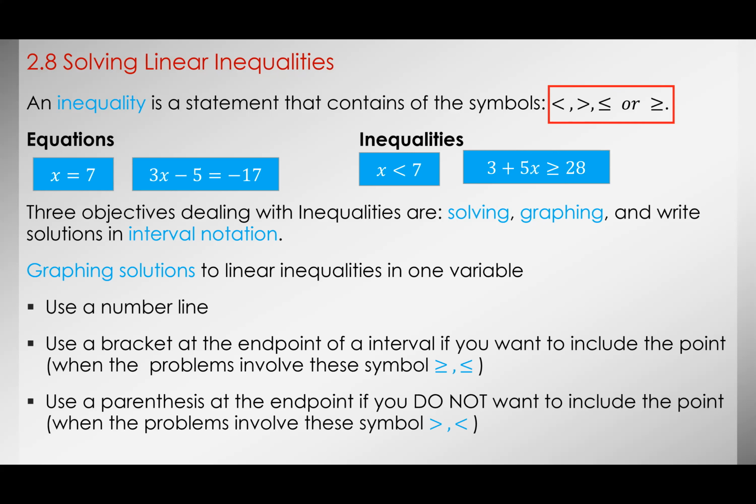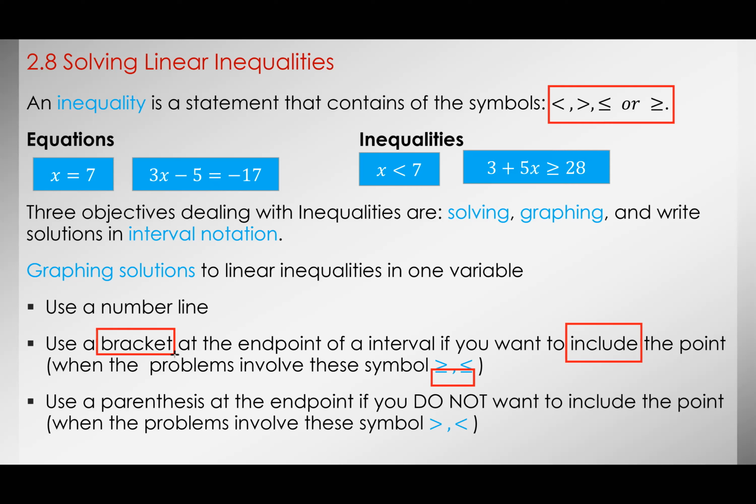Whatever your number line is, which is again 0, 1, 2, 3, 4, negative 1, 2, 3, 4, and so on. But this is one thing you need to remember: if we are dealing with a less than or equal to, or greater than or equal to, if we're dealing with something that has an equal to, which is the equal line, then we have to include the endpoint. To show that we need to include the endpoint, we need to use a bracket.